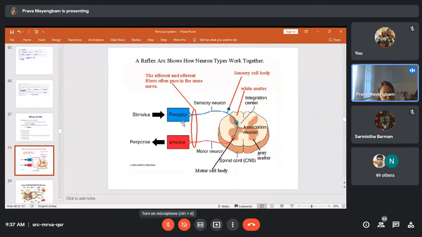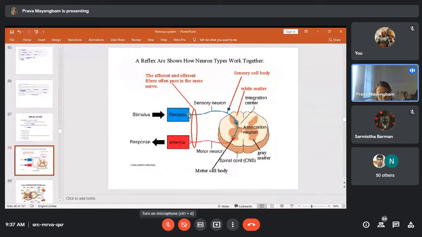The sensory neuron, present in the receptor organ, senses this stimulus.